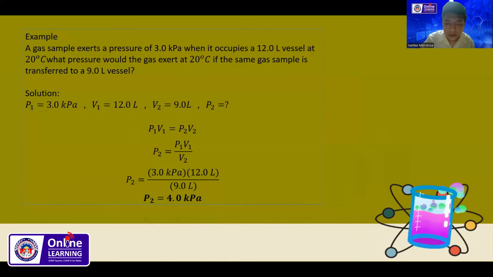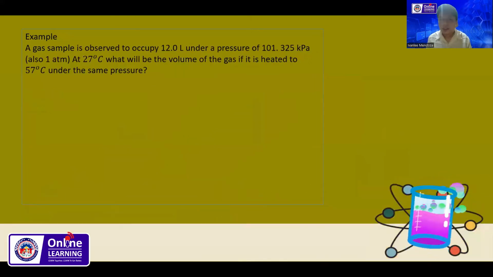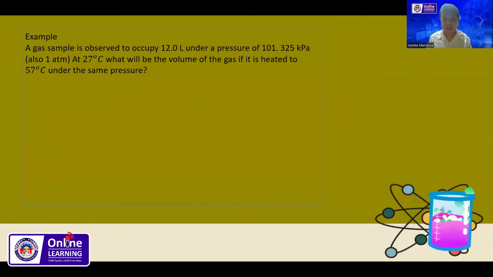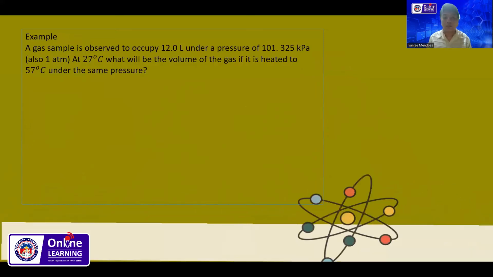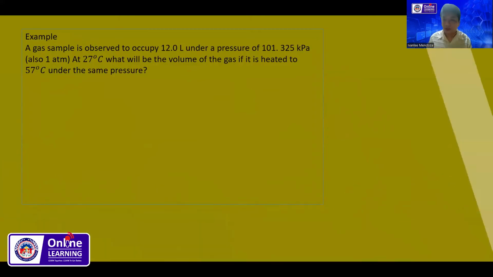Okay, next, another example. Let us try this one. A gas sample is observed to occupy 12.0 liter under a pressure of 101.325 kilopascal, also 1 atmospheric pressure, at 27 degrees Celsius. What will be the volume of the gas if it is heated to 57 degrees Celsius under the same pressure?